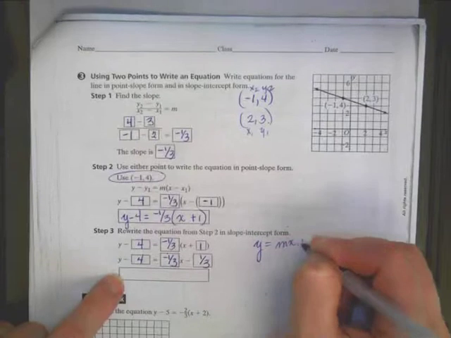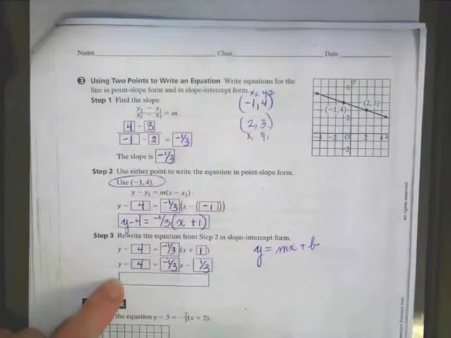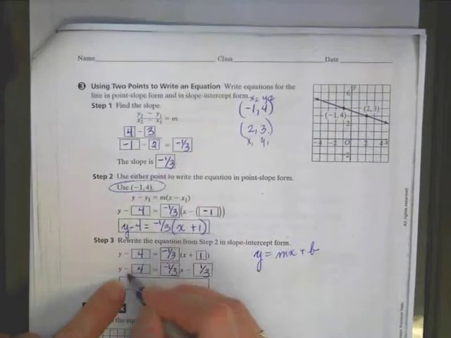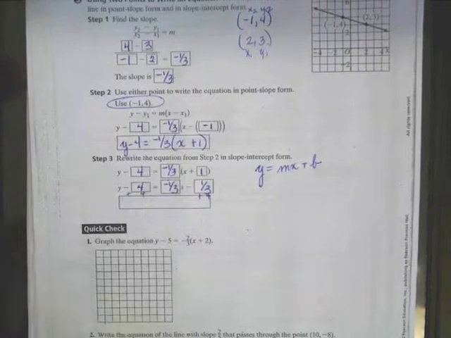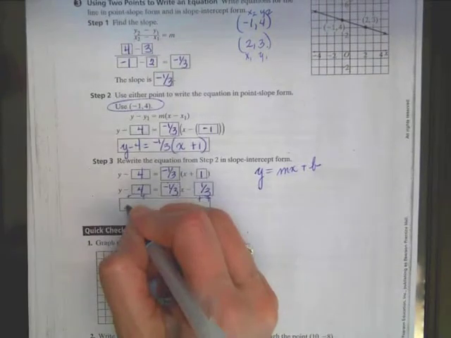Okay, now to remember, slope-intercept is y equals mx plus b. So I'm going to add 4 to each side. Wish they'd leave a little more room, but they don't always do that for us.